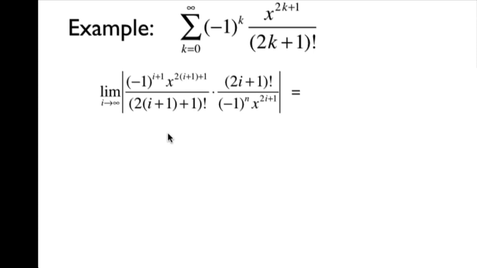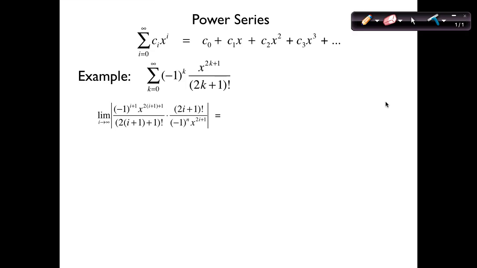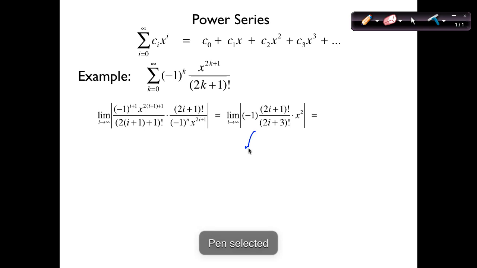And then let's write out, what factorial is this? 2i plus 3. Let's just practice. Let's write out what 2i plus 3 factorial is, for practice. What is that?